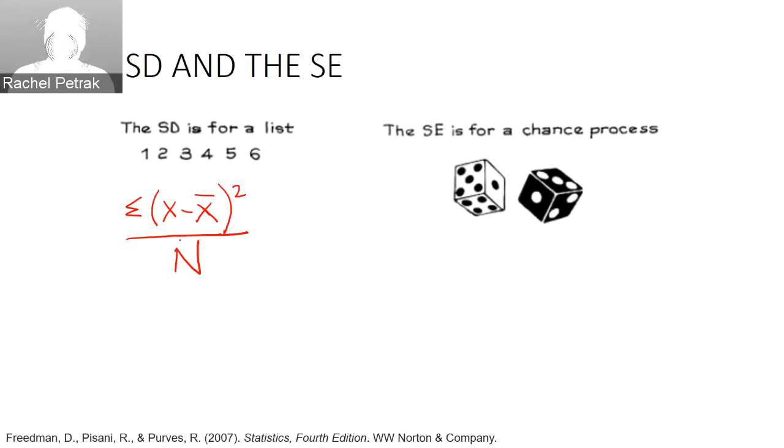And the standard deviation is distinct from the standard error because the standard deviation is just telling us the spread in the lists of numbers. It's just saying, okay, this is the spread we expect. But the standard error applies to chance variability. Now we're talking about the sum of the draws for a chance process that's done repeatedly.